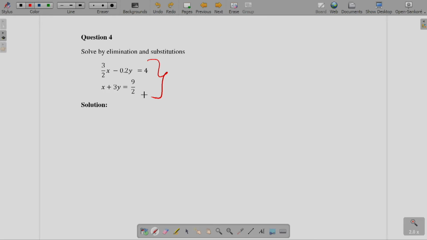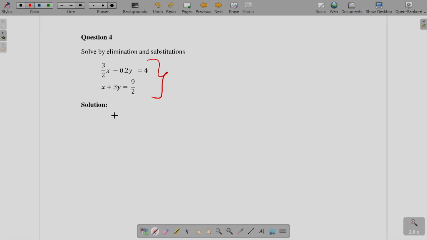So let's move to another question, which requires us to solve the following equations by elimination and also by substitution. The first step to follow is to write the given equations.